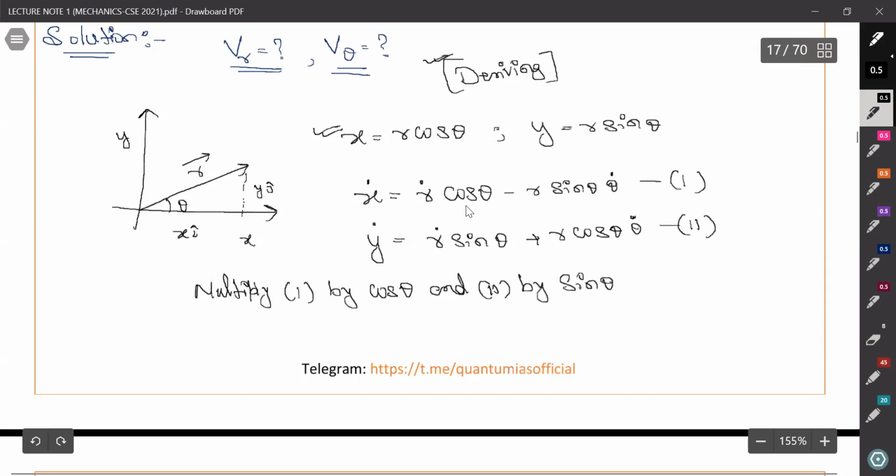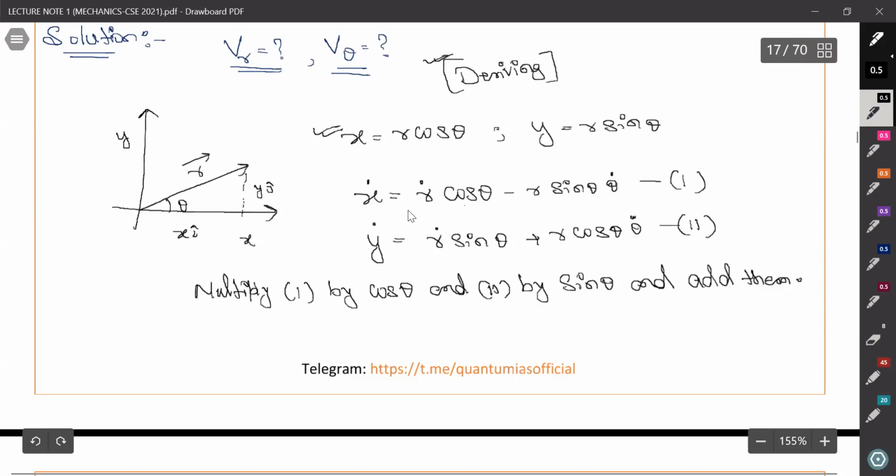So what we will get: r dot cos square theta here and r dot sin square theta there, and here r sin theta cos theta, here also r cos theta sin theta, and add them.